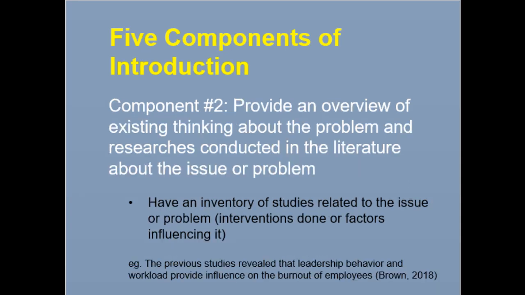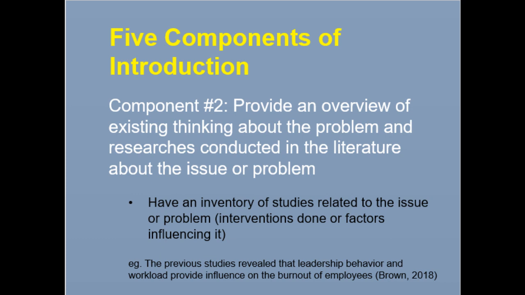The second component is you have to provide an overview of existing thinking about the problem and researches conducted in the literature about the issue or problem or your dependent variable. So you need to conduct an inventory of previous studies talking about the dependent variable or the issue or problem under study.